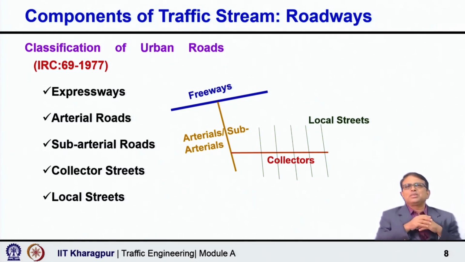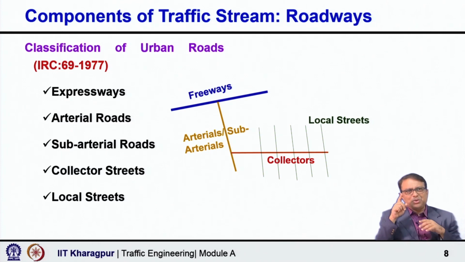So the primary function of the local street is accessibility, not the mobility. We expect more pedestrians to use such a road, and sometimes children may play in the residential areas. So mobility is not the important thing, speed is not the primary consideration, and we do not actually want higher speed there. So the primary function for a local road is the accessibility.